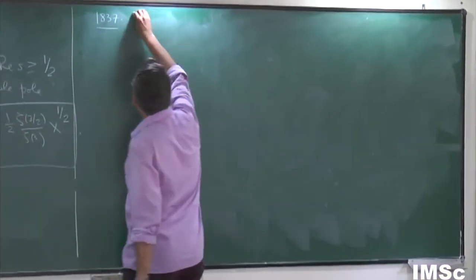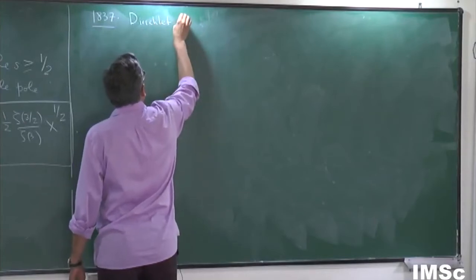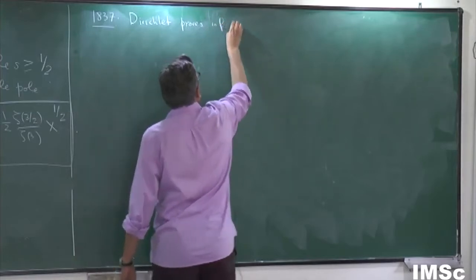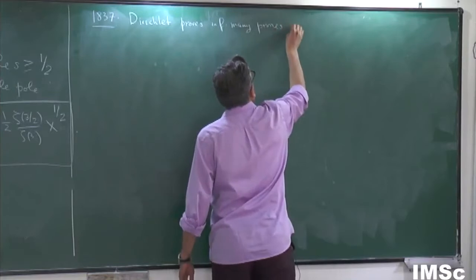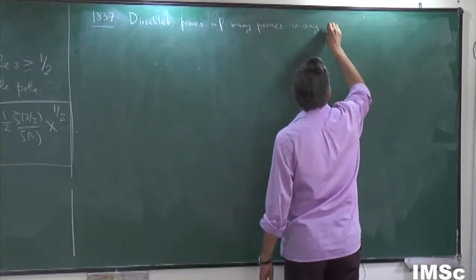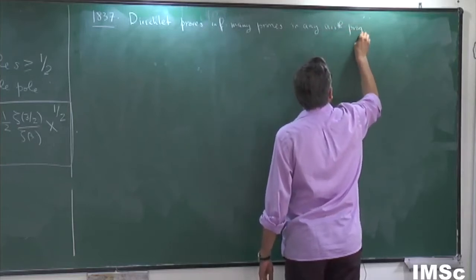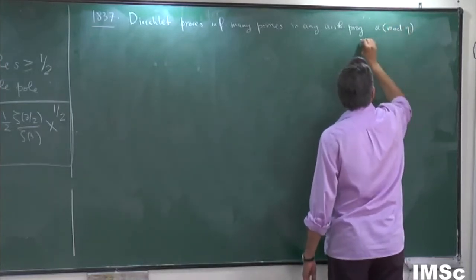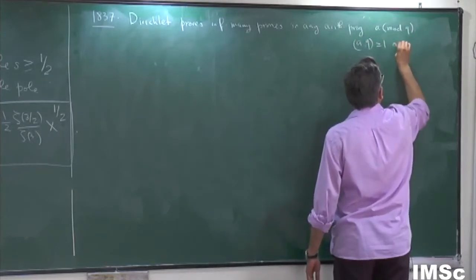So 1837, Dirichlet proves infinitely many primes in any arithmetic progression A mod Q, with A and Q relatively prime and Q a prime number.